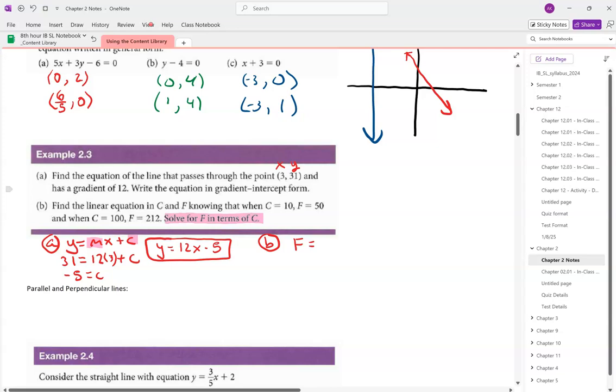It means it needs to start F equals. It's going to be like a slope-intercept equation, right? It's probably what we want to use.